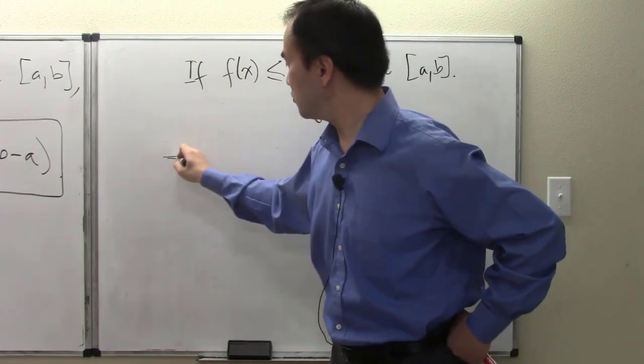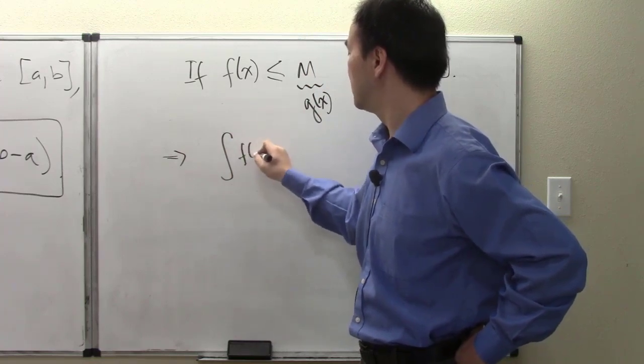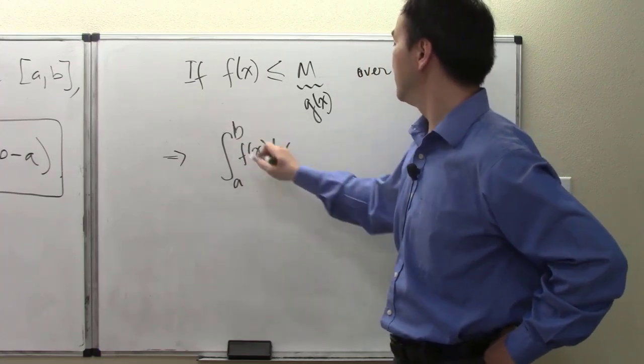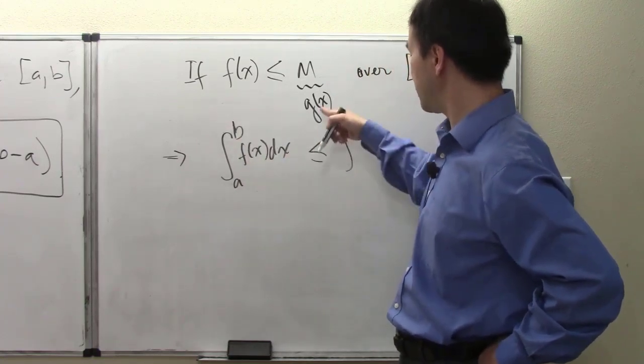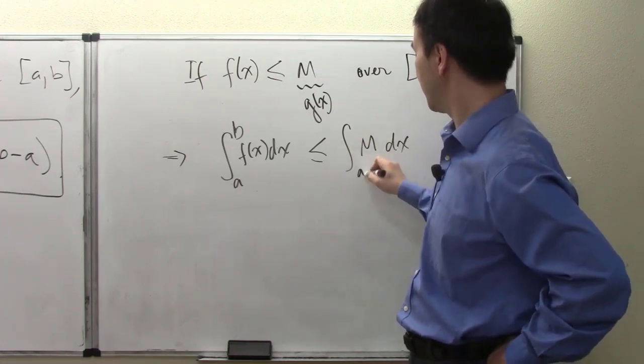Then we already knew that the integral of f of x will be less than or equal to the integral of g of x, which is mainly the constant M times dx from a to b.